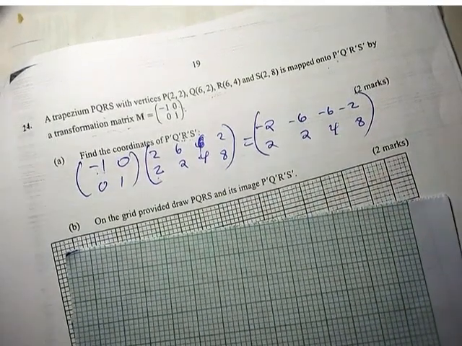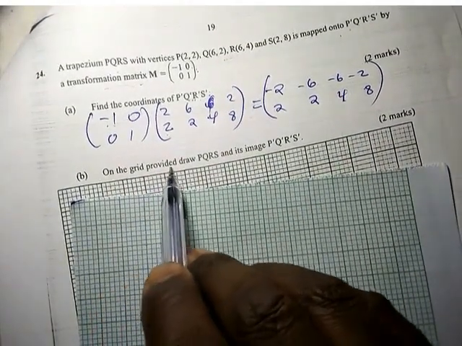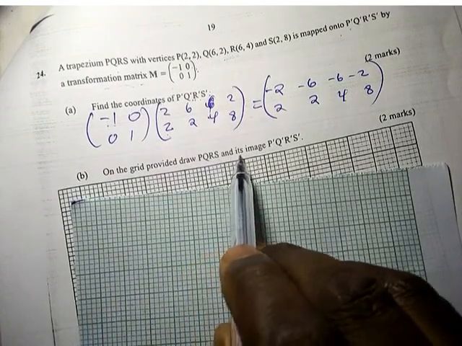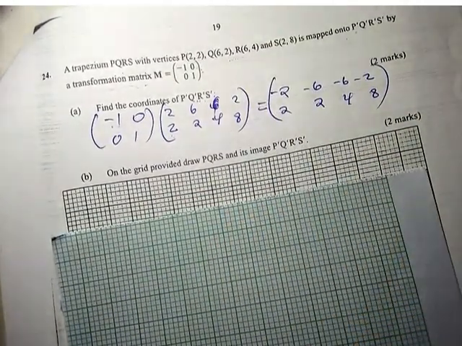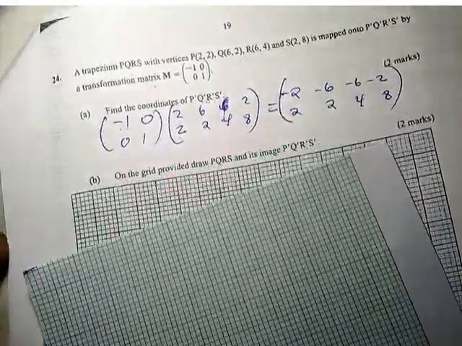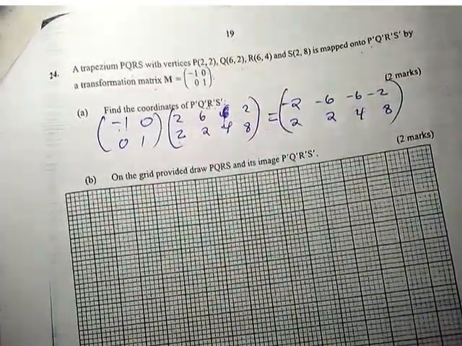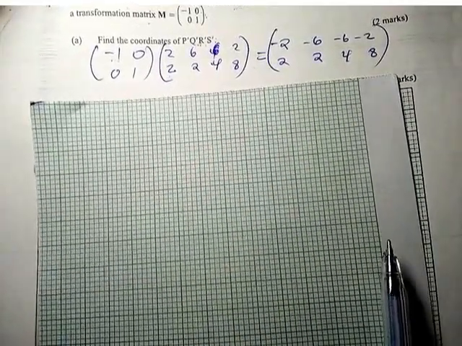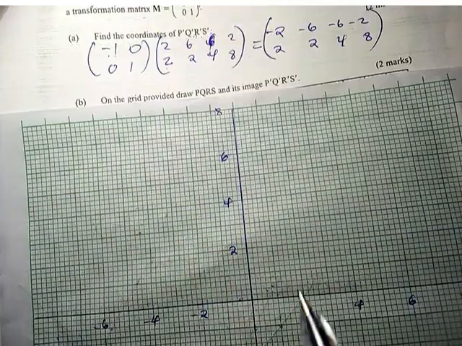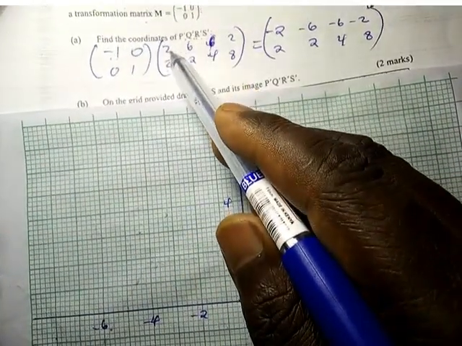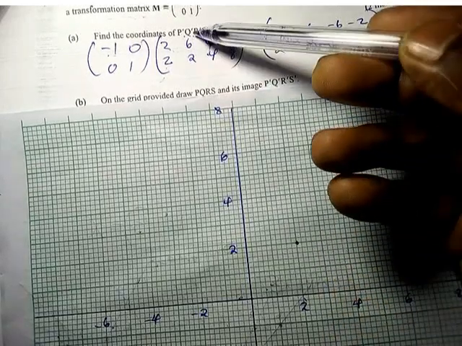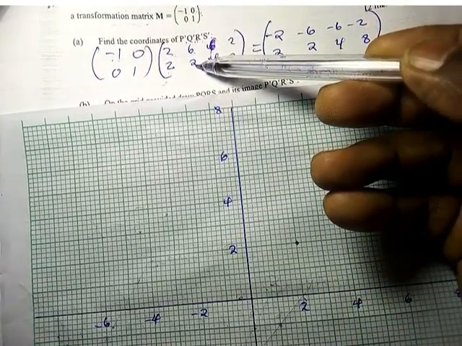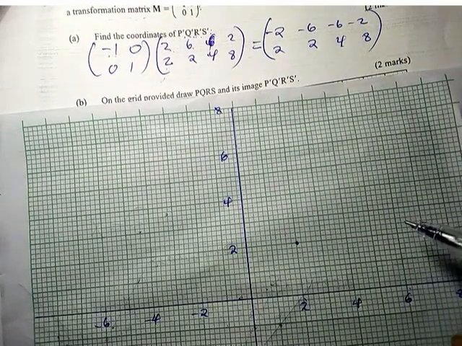Like that. So on the grid provided, draw PQR and its image. So we want to draw this and this, the image and the object. So we have this graph. I want to use this one because this one is not visible. So divide your graph into two like this and this. So P is 2, 2. So 2, 2 there. Q is 6, 2. So 6, 2 there.